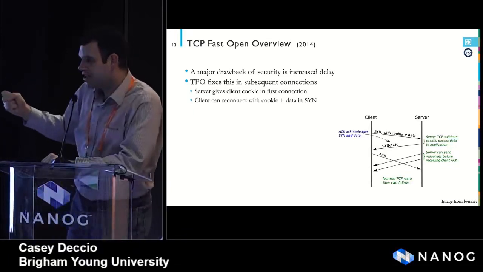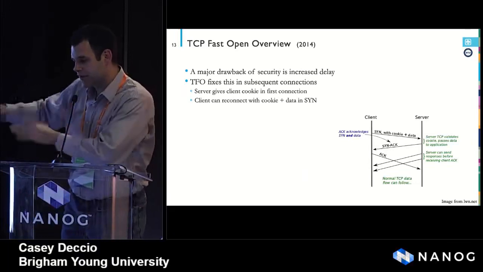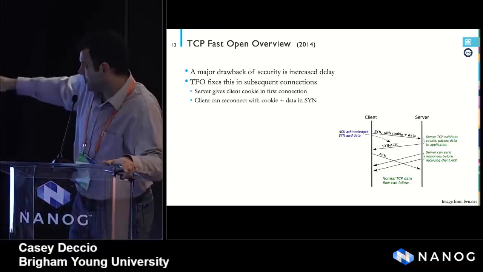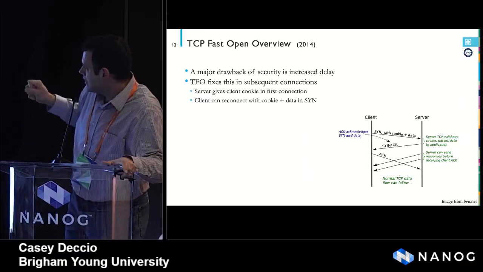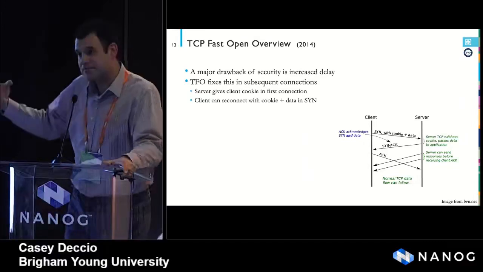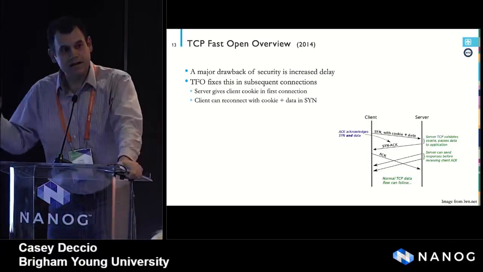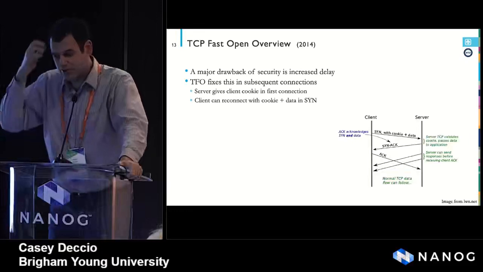Then the client stores that cookie. They go through their communication and wrap up, and then the next time they communicate, the client sends some data along with the SYN, and the cookie. In other words, payload data in the TCP packet associated with the SYN, whereas normally you don't do that. It's just to establish the handshake.